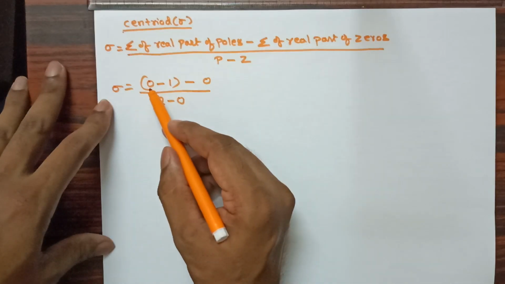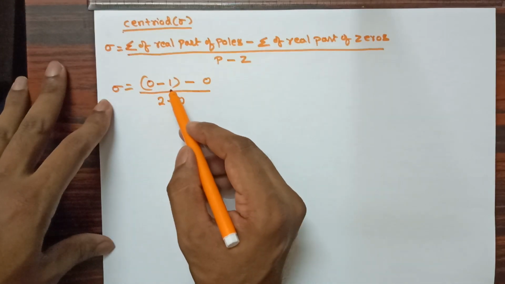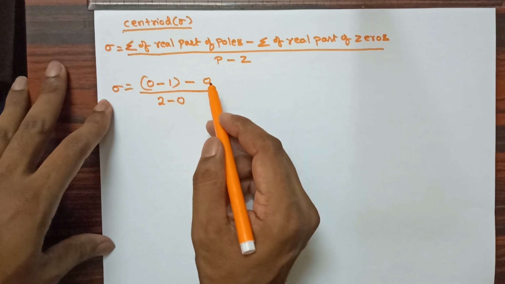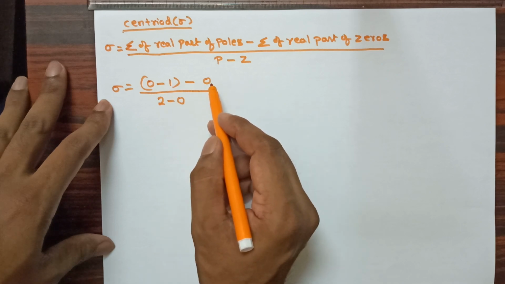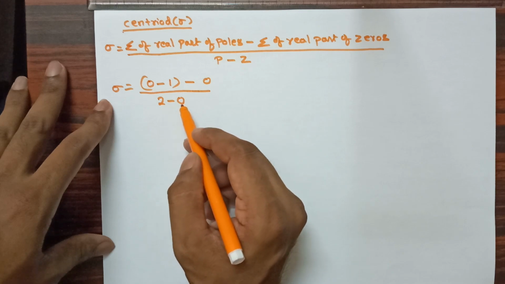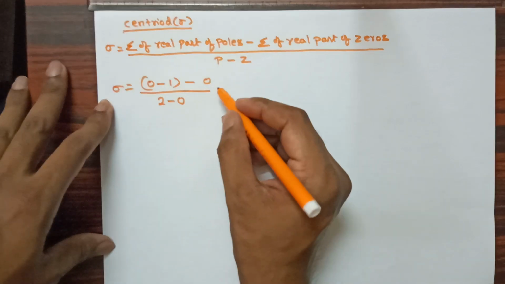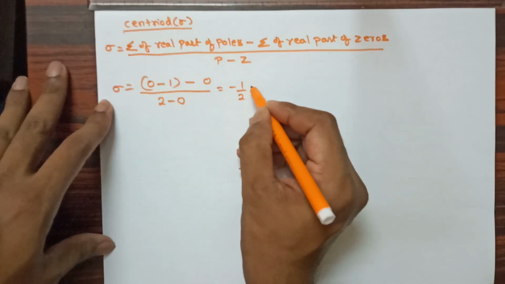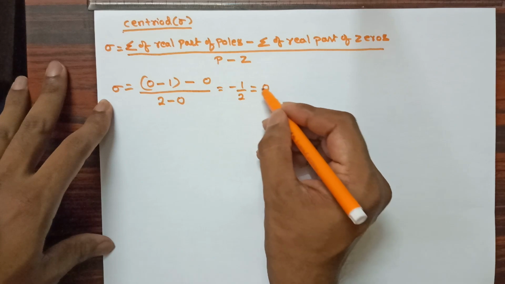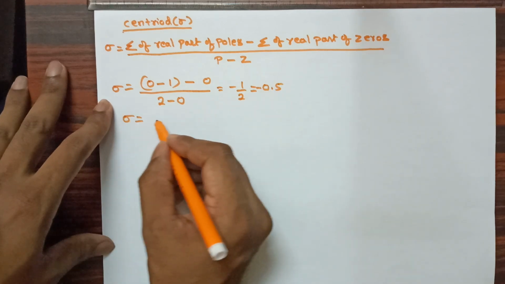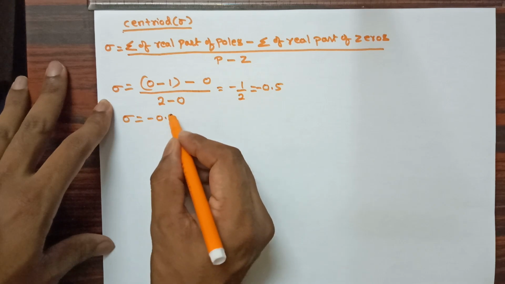This is the real part of the pole s equal to 0, and this is the real part of the second pole, s equal to minus 1. He has not given any zero value, that is why we have considered 0 here. Here we get minus 1 by 2, that is the centroid is minus 0.5. So we calculated the centroid value, that is minus 0.5.